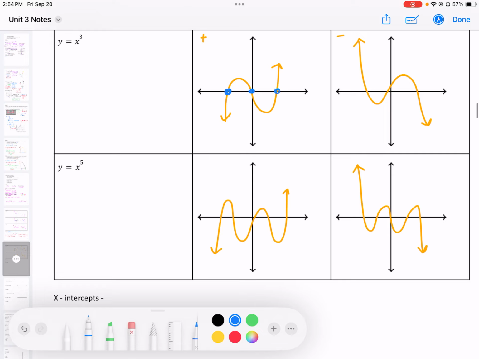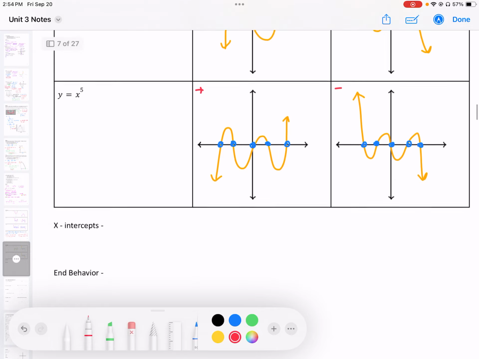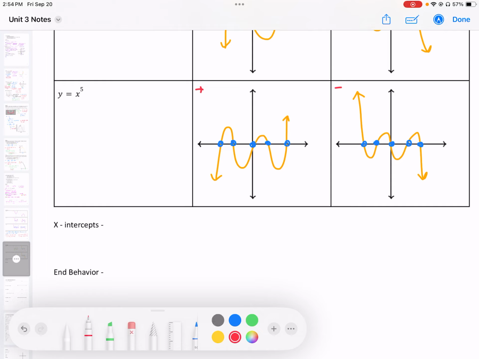So here's your 3 potential x-intercepts for the power of 3, and your 5 potential intercepts for the power of 5. Keeping in mind this is for positive and for negative. So, same thing as before, the power determines the maximum number of x-intercepts.